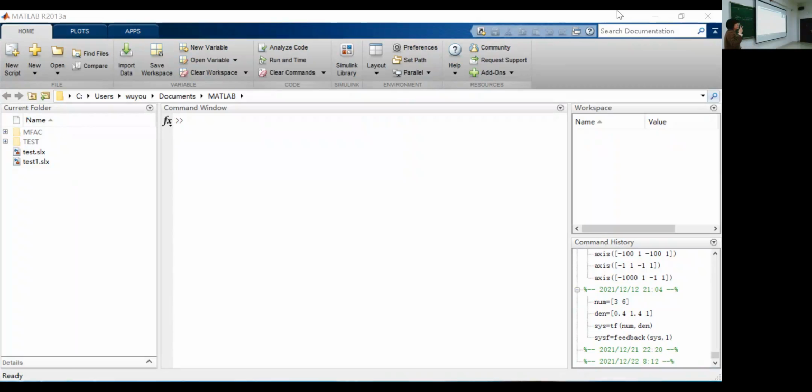You should first define two matrices. One is for the numerator, another is for the denominator.